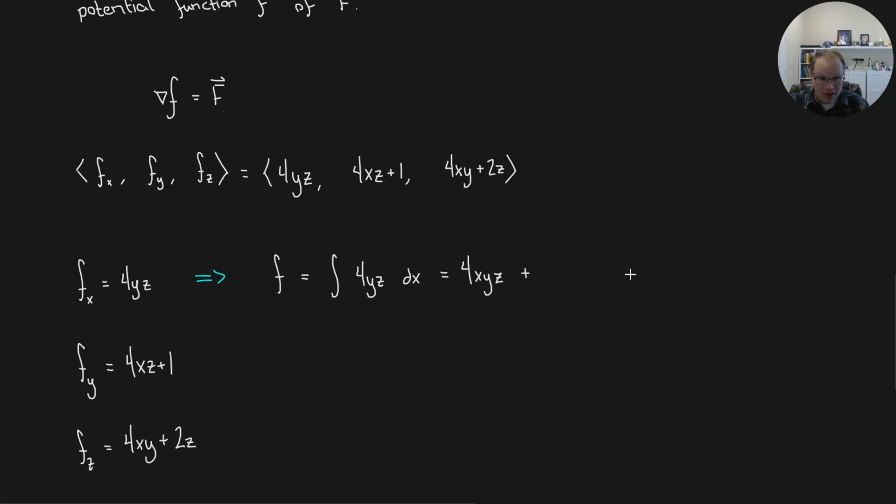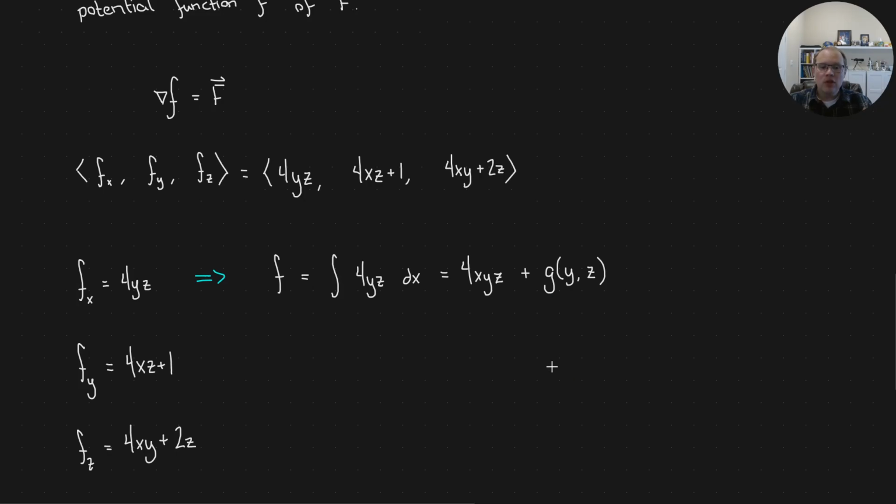So that plus a constant, it could be a function of those two variables, y and z. Okay? So in order to find f, we've made some progress. We know it's equal to 4xyz plus some function involving y and z. But in order to nail it down, we need to figure out what this function is.